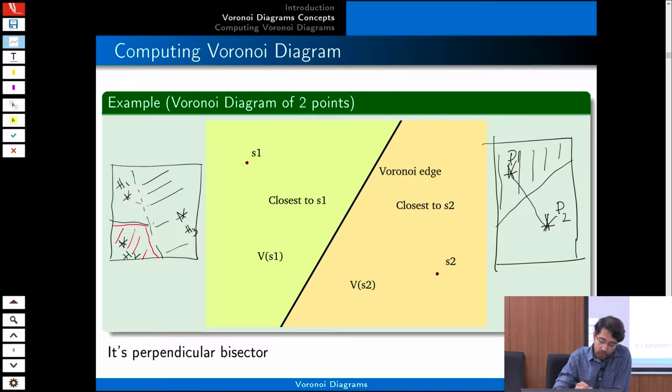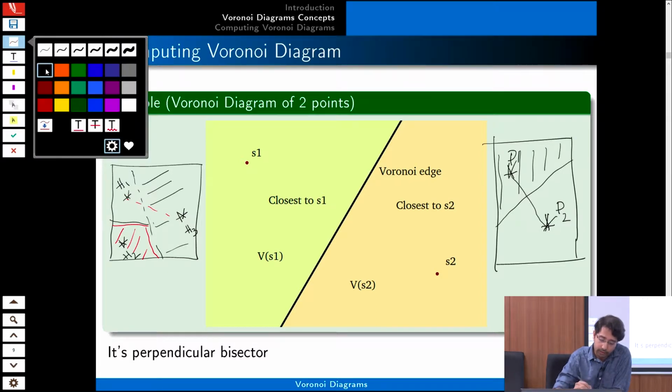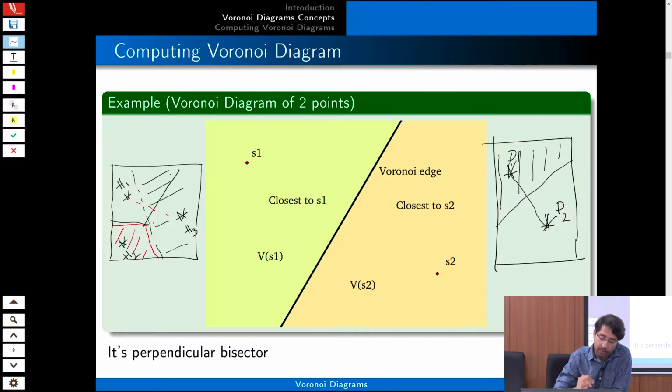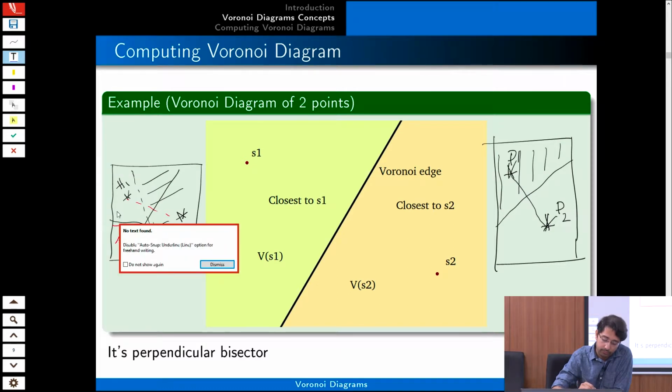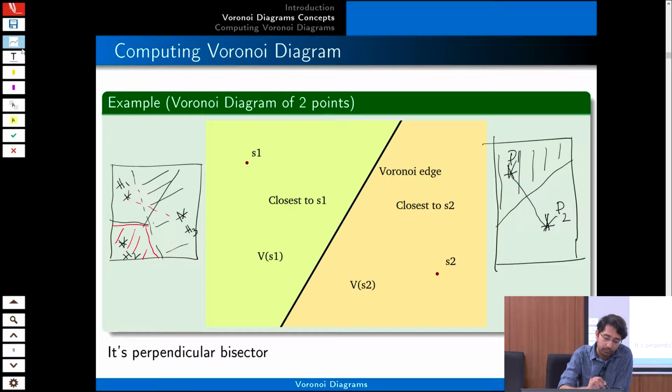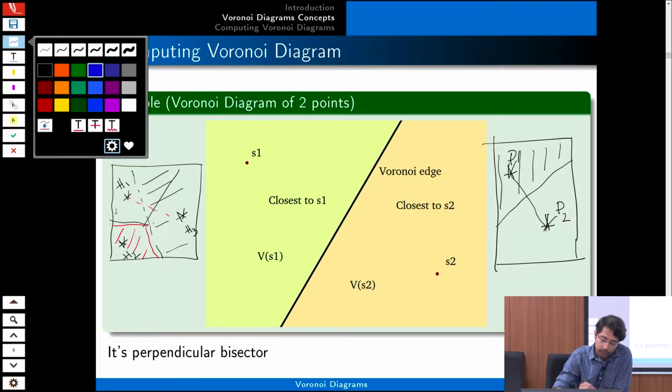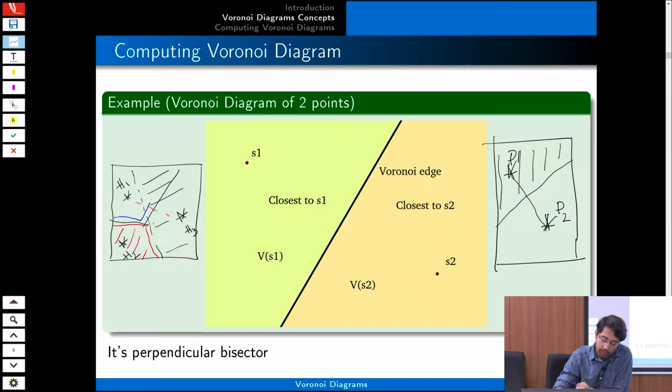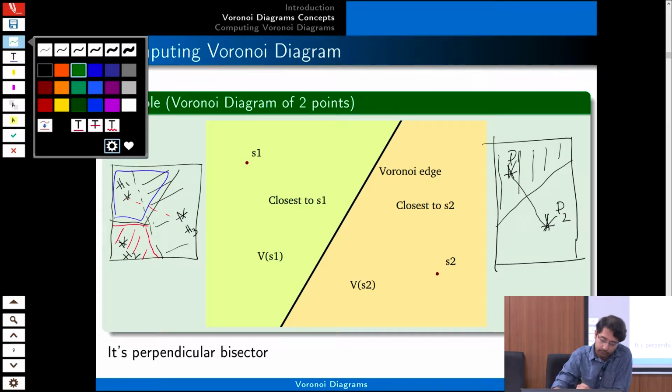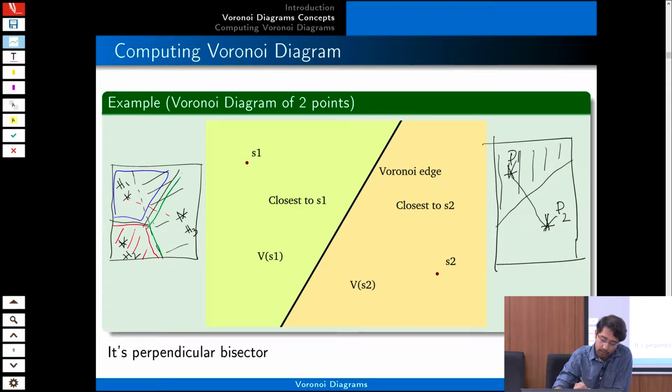I will join these two lines, take the perpendicular bisector, so all the points here are closer to H1 and all the points here are closer to H3. Is it clear?